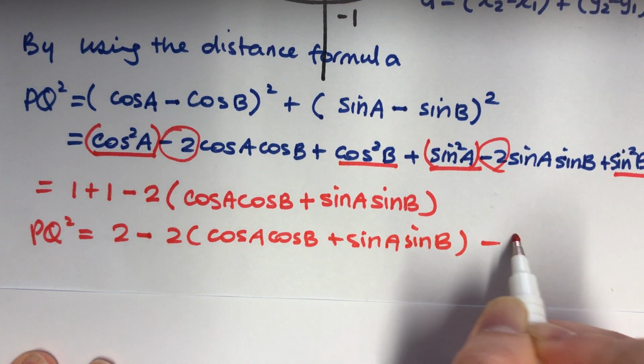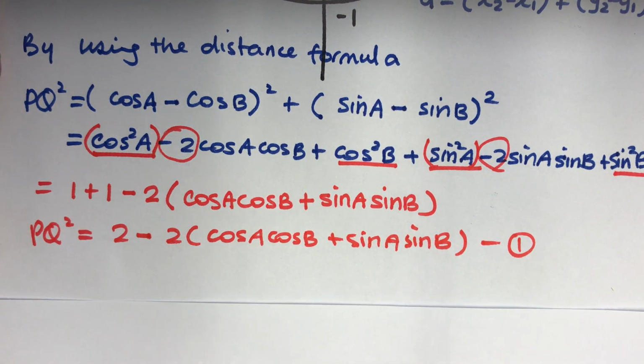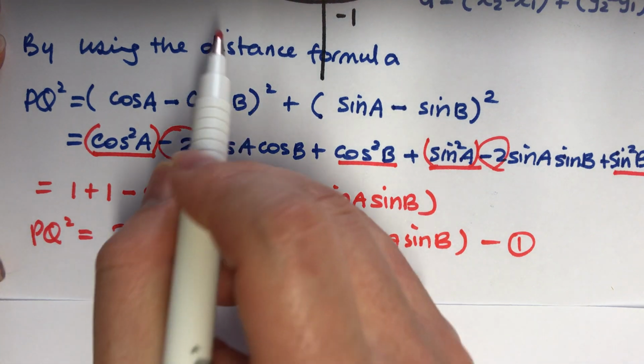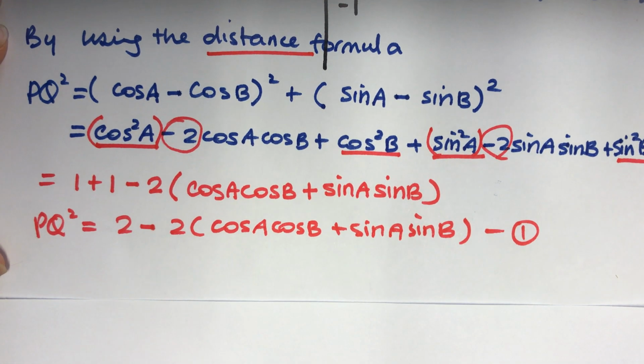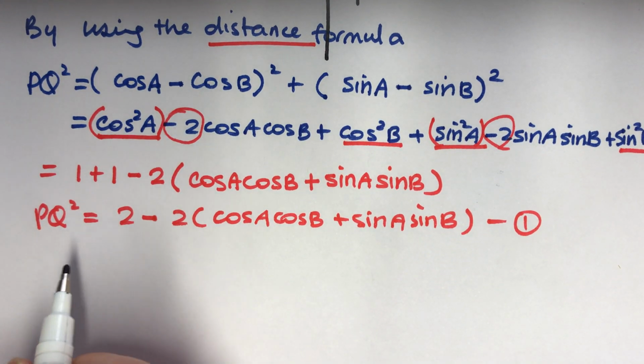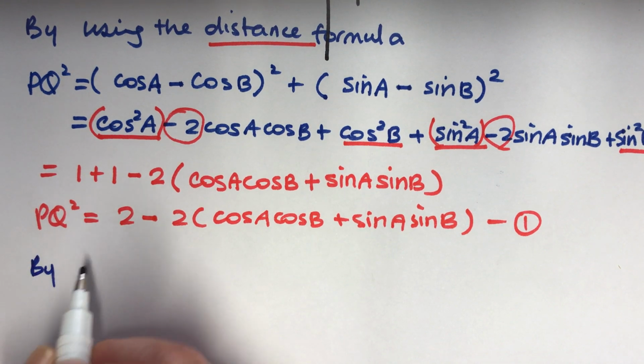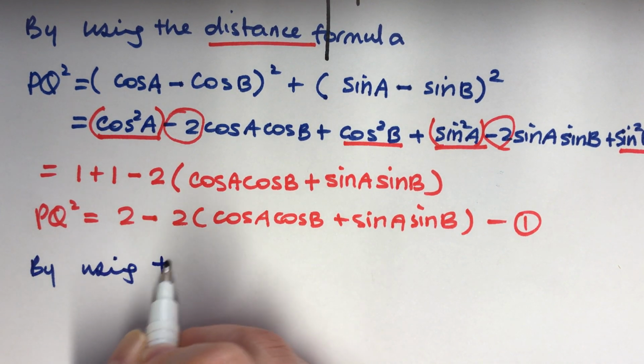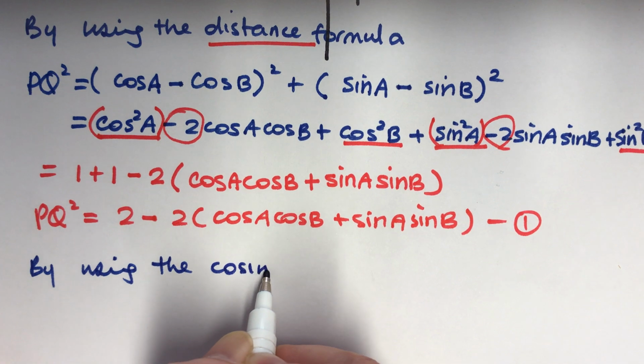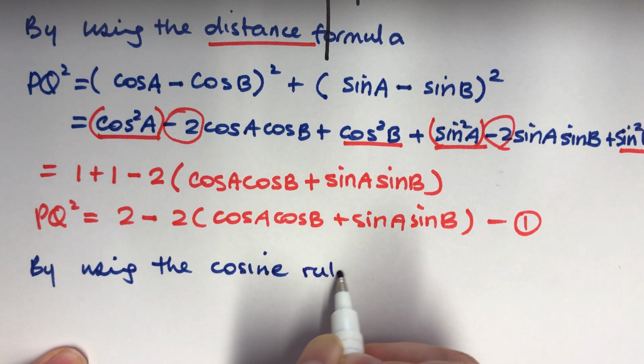Now I'm going to call that 1. So we used the distance formula here. Now I'm going to use the cosine rule.